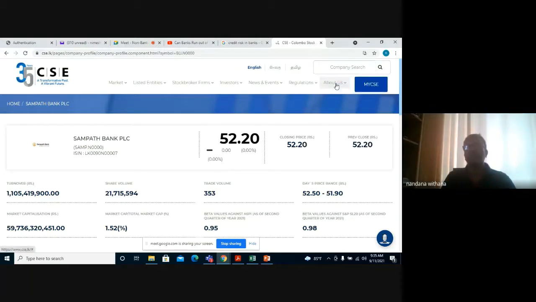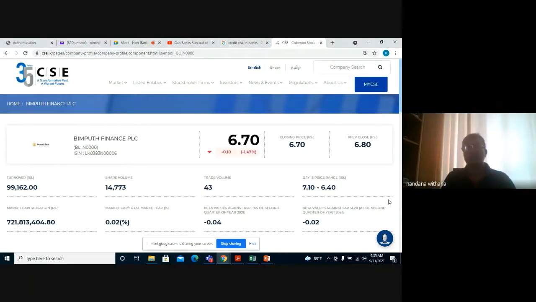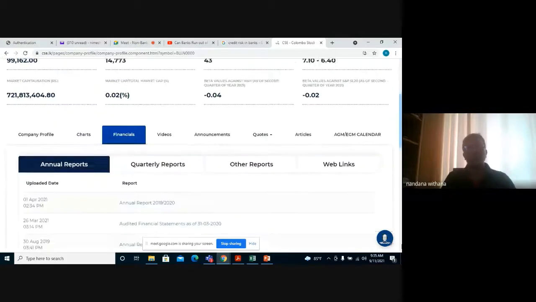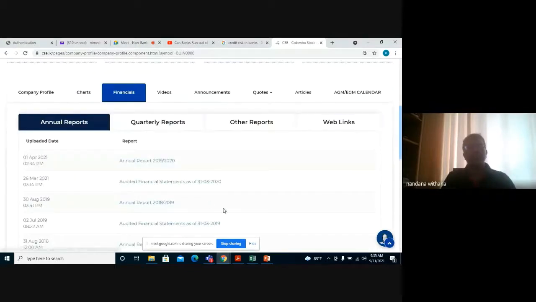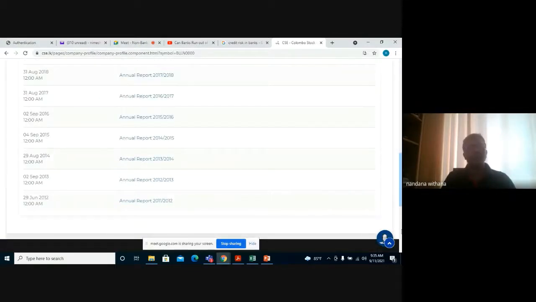Input finance. Okay. So the share is trading at 6 rupees. We'll look into, if possible, the annual report in 2015.